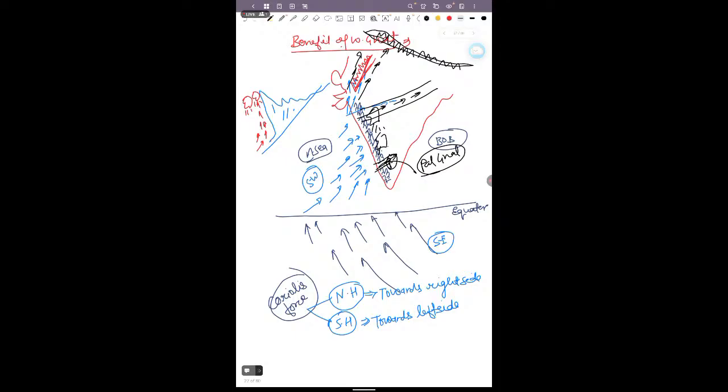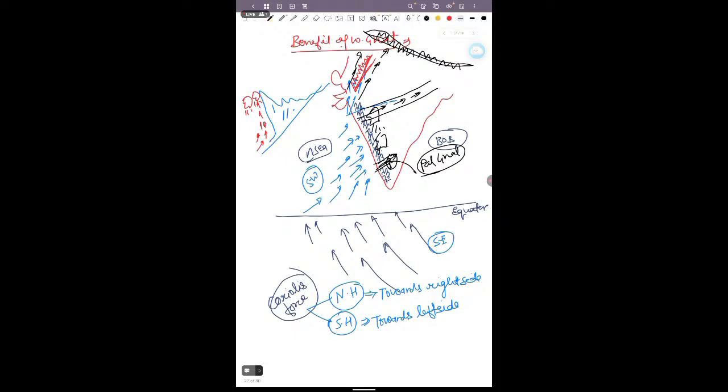The southeast trade winds become southwest winds, and they blow toward and flow over the Arabian Sea, taking up moisture from it. When they reach the Western Ghat, due to the presence of the mountain barrier, these winds are forced to rise. The moisture-laden winds condense, leading to the formation of precipitation.